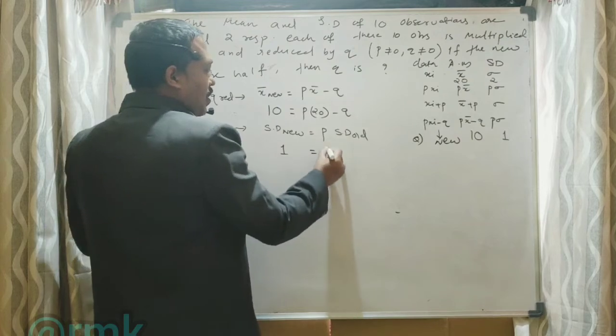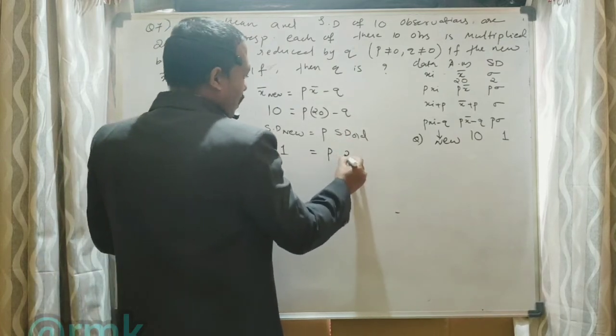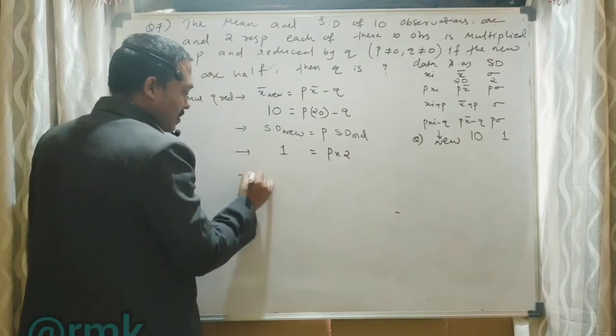That is p into SD old, which is 2. Clearly p is 1 by 2.